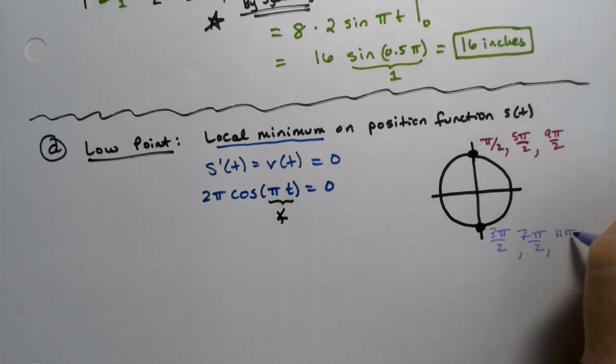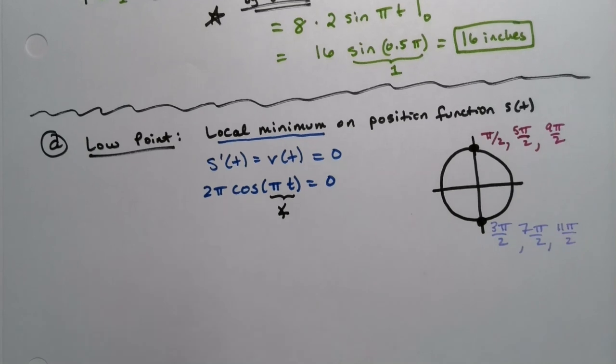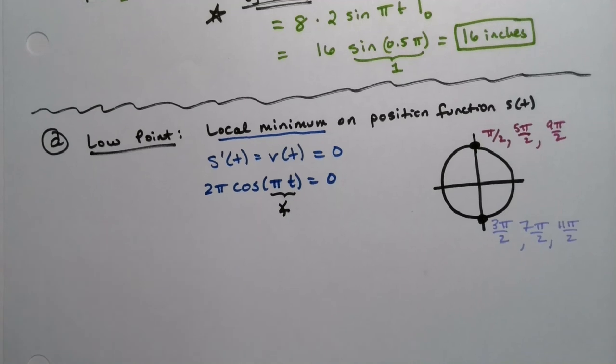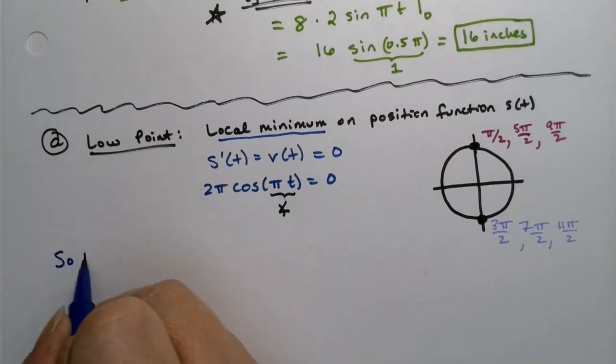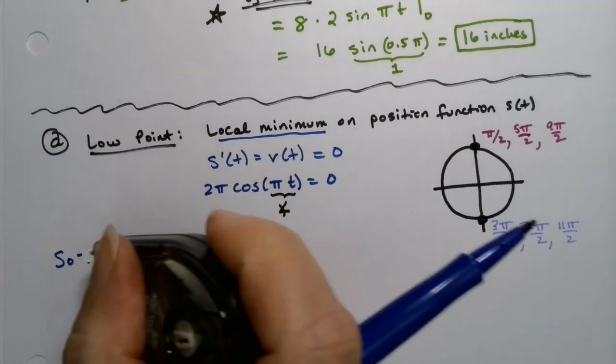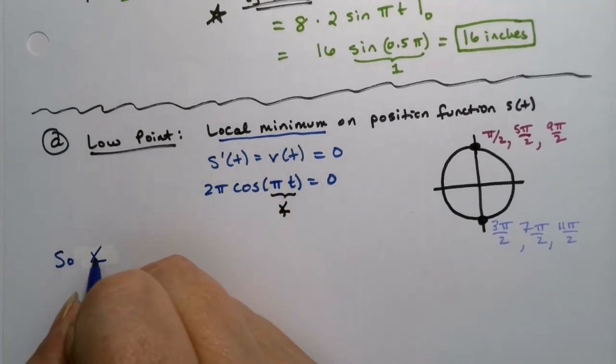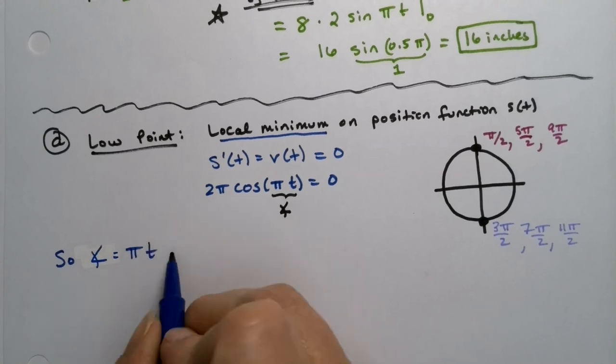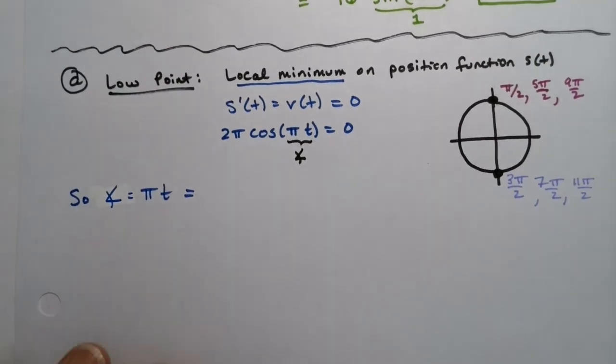We're getting the idea. Okay, so that angle which is pi t, because you're actually trying to solve for t, but so pi t, that angle, yeah, let me write it this way. That angle, which is pi t, is equal to these values. Let me just write them down.